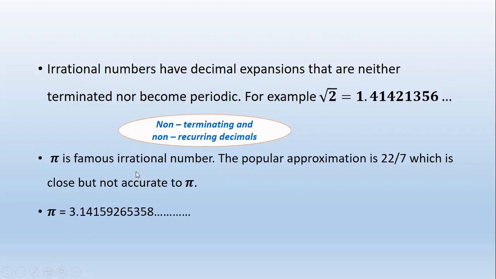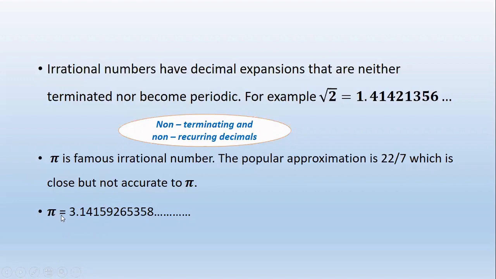One more famous example of an irrational number is pi. This is the most famous irrational number in mathematics. The popular approximation is 22/7, which is close but not accurate to pi.